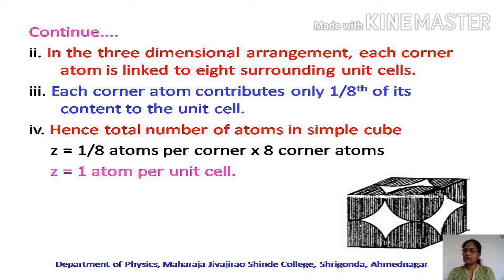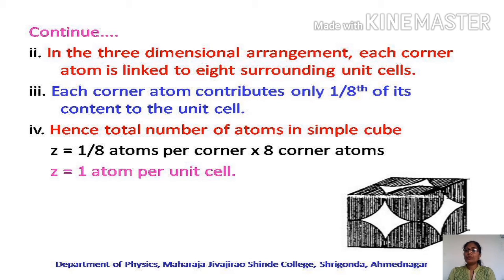But we cannot say that there are 8 atoms present in the unit cell, because when we observe a single unit cell we are observing 8 corner atoms, but when we place this unit cell in a crystal lattice, each corner atom becomes part of 8 unit cells. Therefore the contribution of each atom to the present unit cell comes out as 1/8, and there are 8 such corner atoms present in a unit cell.